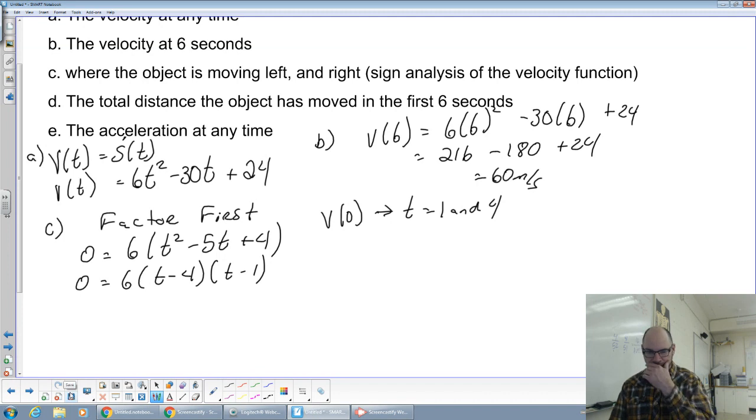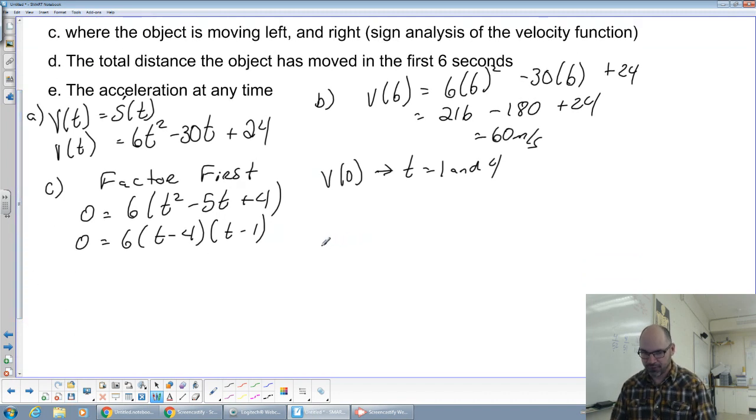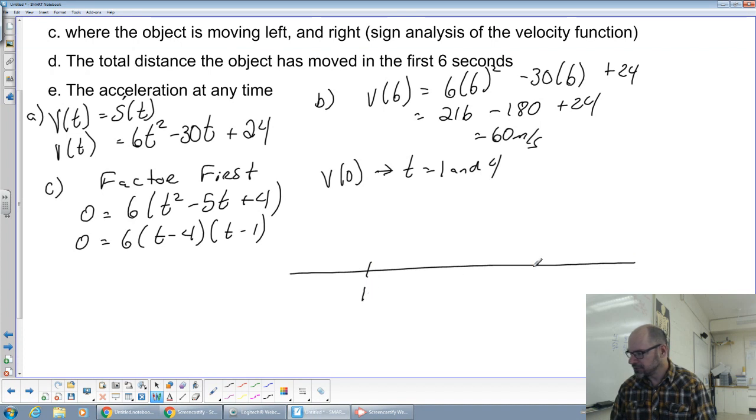Okay, so that means we're going to just do a little sign analysis here to see whether it's going left or right. Okay, so if we do our little line here, there's 1 and there's 4. Okay, and then we go for t minus 1, t minus 4. Okay, we put the 0 there.